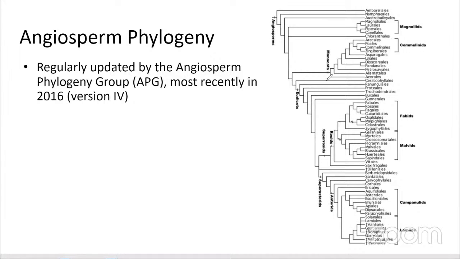So the traditional division within angiosperms is mainly between the monocots, which you can see here on this tree, and then the dicots, which here have been renamed eudicots, so like true dicots. So here we see kind of everything else down here, more or less.